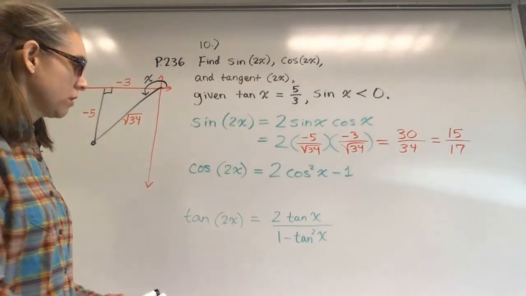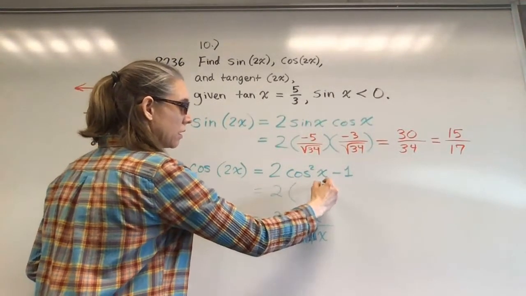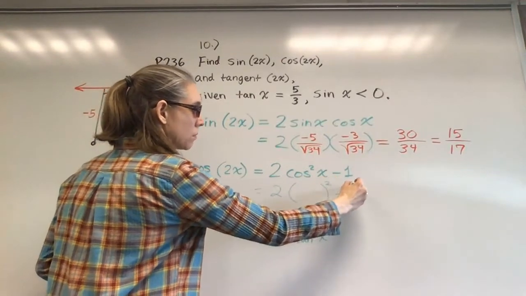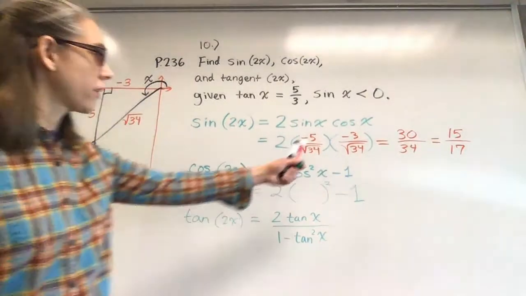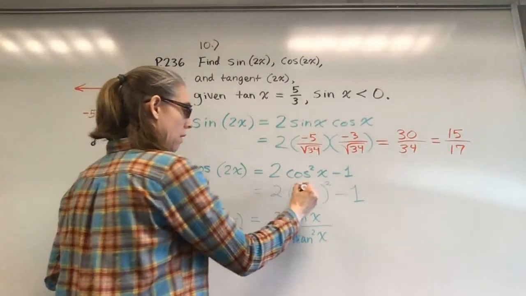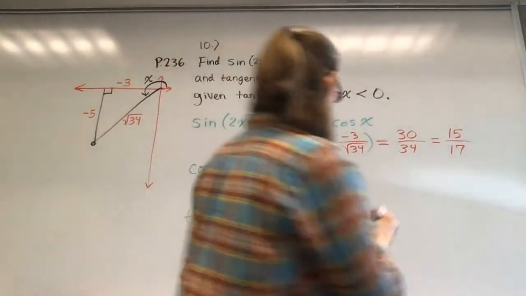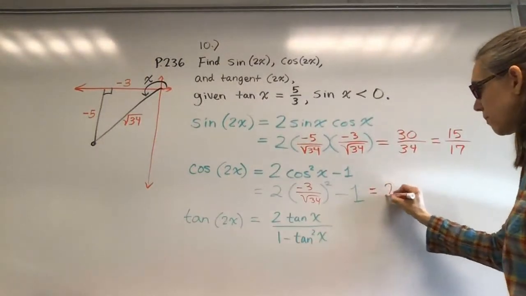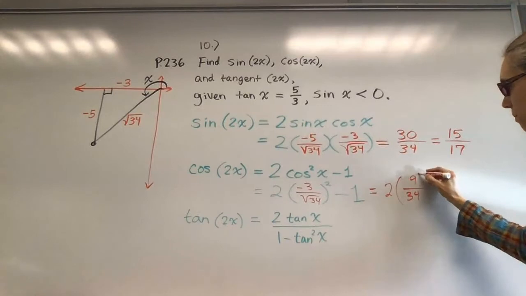So now what I want to do is simply replace cosine of x. Here's the square on the outside. I already know that the cosine of x is negative 3 over root 34. And then when I square that number, I end up with 9 over 34.